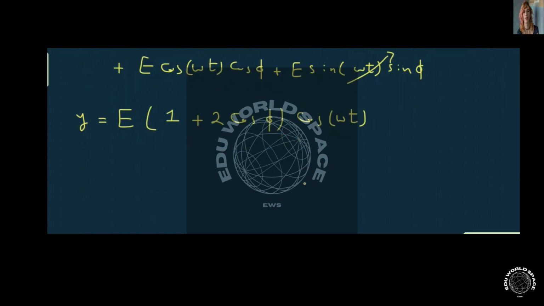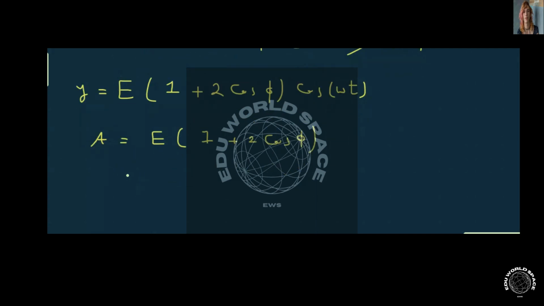So here the amplitude of this wave is just E times (1 plus 2 cosine of phi). This is for part A.